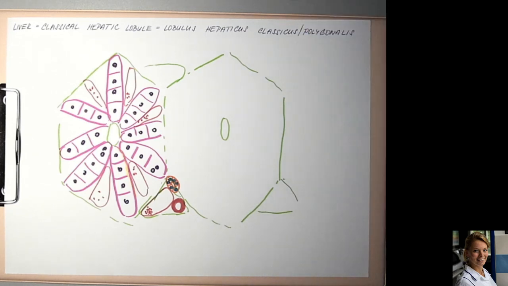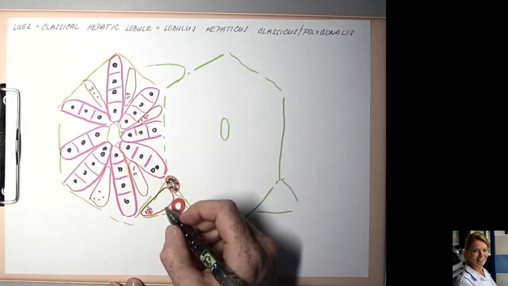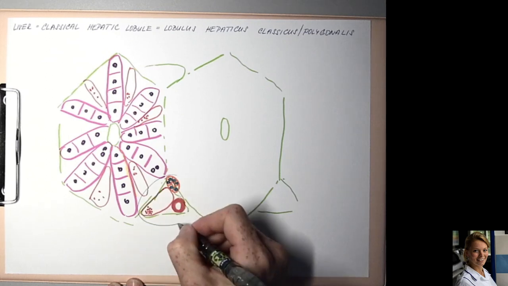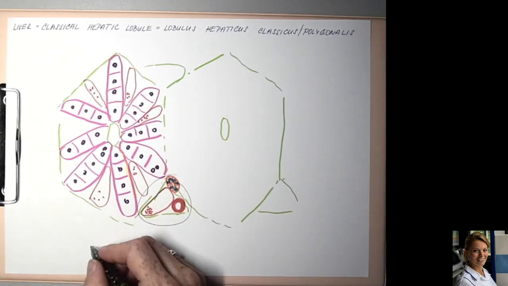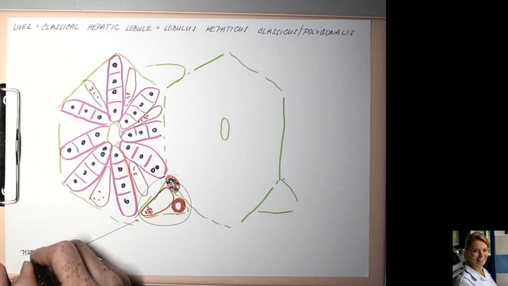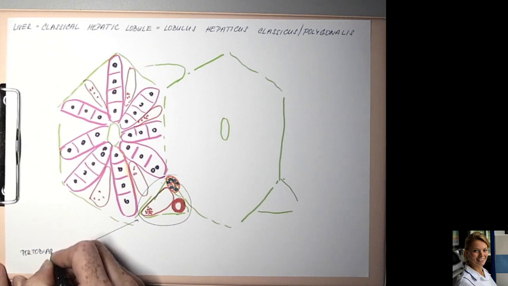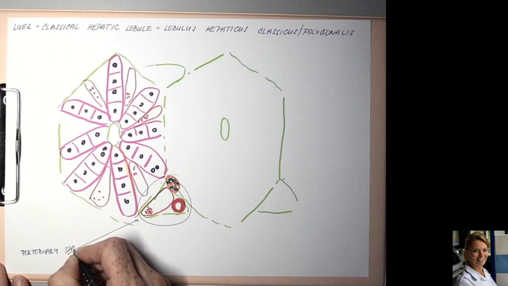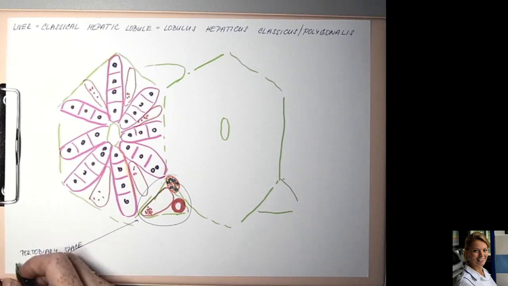So now we label the scheme. The portobiliary space contains a portal triad.